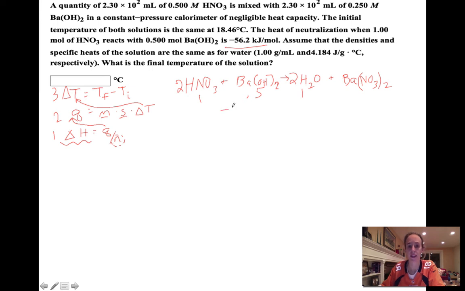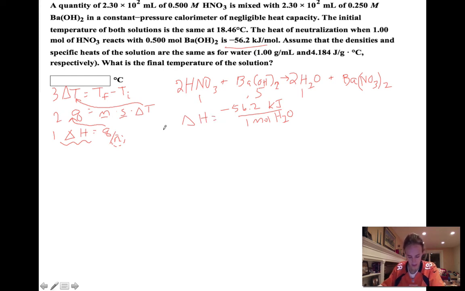So we can say that that heat of neutralization value, 56.2 kilojoules per mole, that per mole you can think of in terms of per 1 mole of H2O, because that's how enthalpies of neutralization are defined. So yeah, that's our delta H.